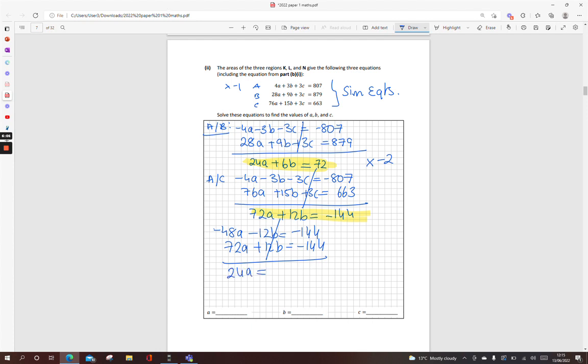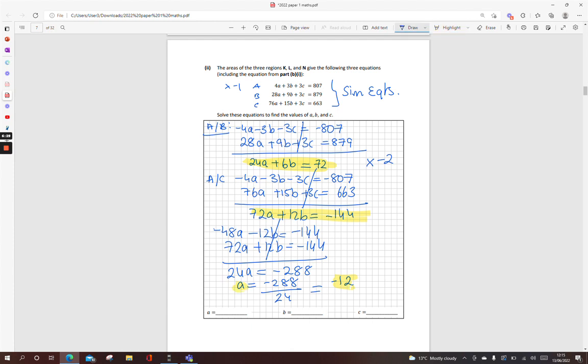And don't do anything silly there. 144 and 144, they don't cancel. They're both minuses, so -288. Divide there by my 24. And when I do that, I get -12. That's my A. Work out my B and my C as per normal.